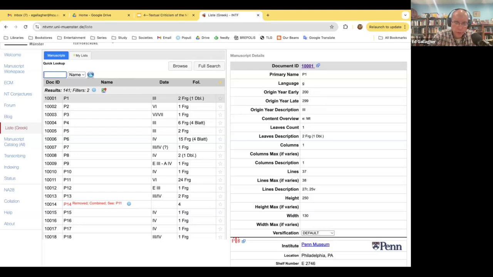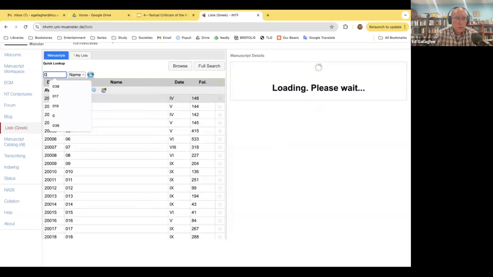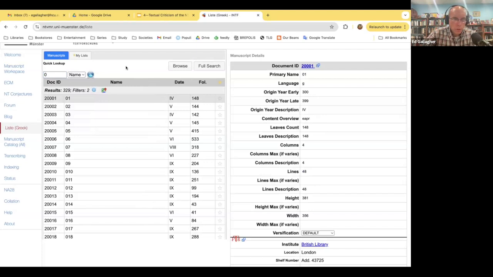So all you have to do is type in your zero and press return, and it will give you 329 results from manuscripts, and you are pretty much guaranteed all of these ought to be majuscule manuscripts. Now, from widely different times. So you can see, okay, we got a 4th century manuscript, that's Codex Sinaiticus 01.